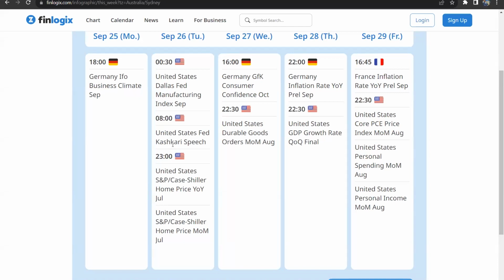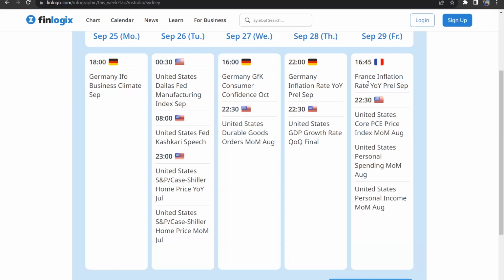On Thursday, we're going to have the inflation rate year-over-year for Germany, so basically the CPI for September. And 30 minutes later, we're going to have the GDP for the US. So very important day, especially for euro dollar, as we're going to have the euro on the German side, and the dollar just 30 minutes after.